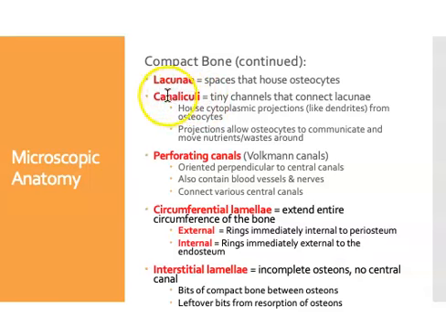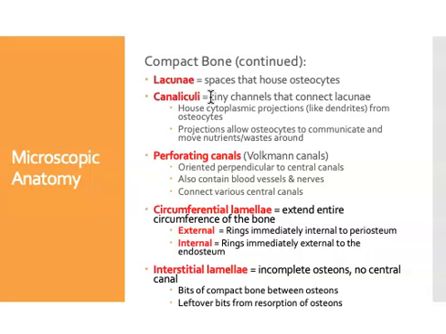Now, the canaliculi are really important because if you remember, the osteocytes, these bone cells, make projections. They make little finger projections out of their membrane, and these fingers of membrane travel through the canaliculi until they touch the projections of another osteocyte.